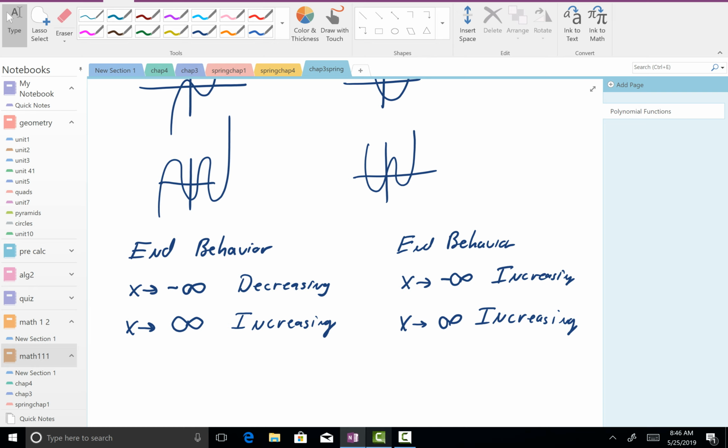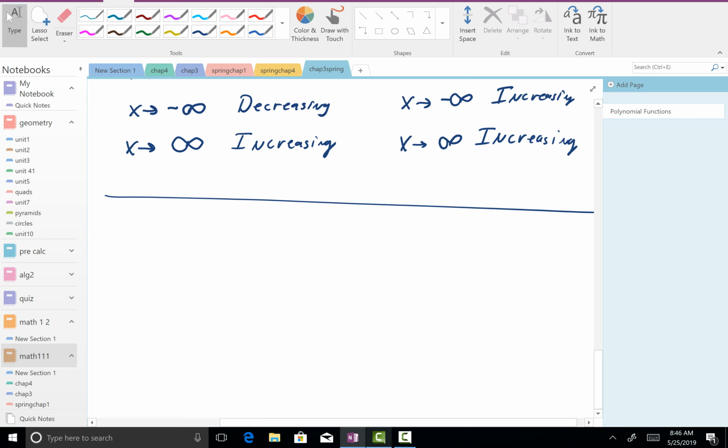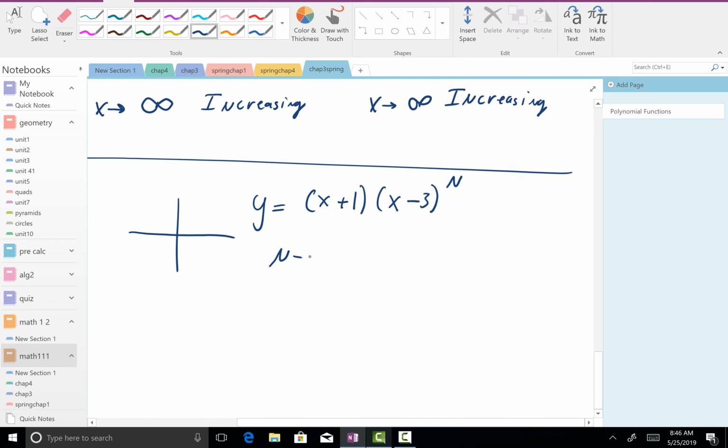So let me go back to here. We'll put that on here. All right, so if we have y equals x plus 1, and then I go x minus any number, it doesn't really matter what it is, okay, and I make that an n, all right, n is odd, it's going to pass through the 3, okay?